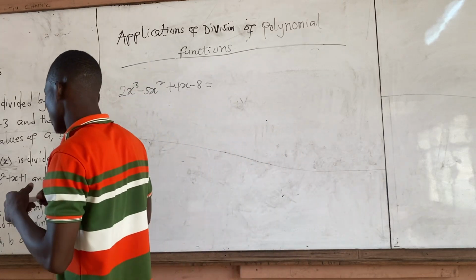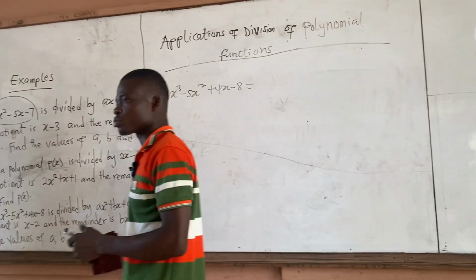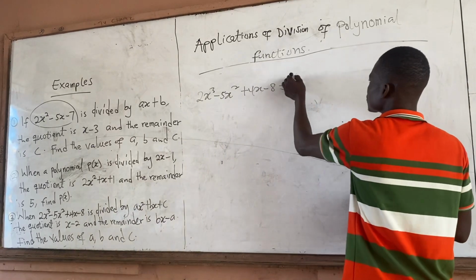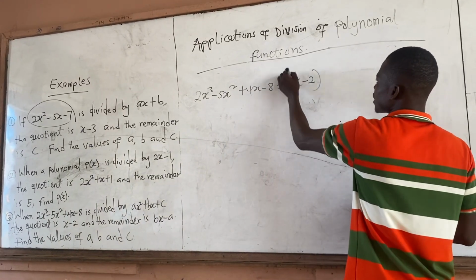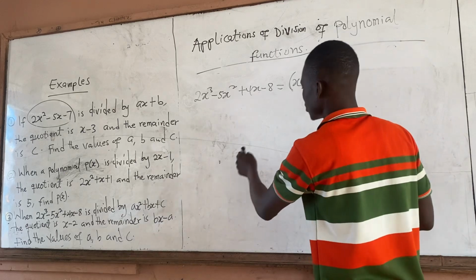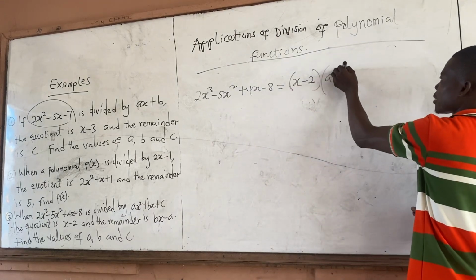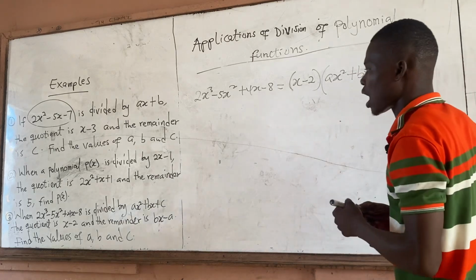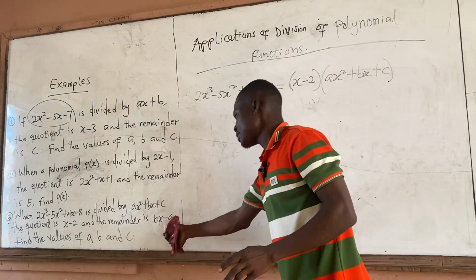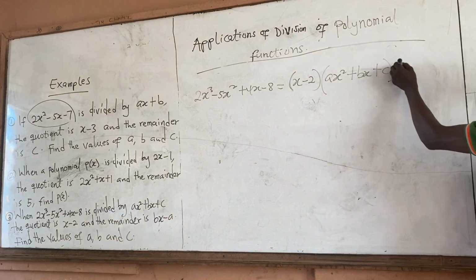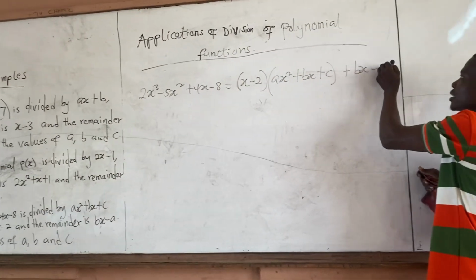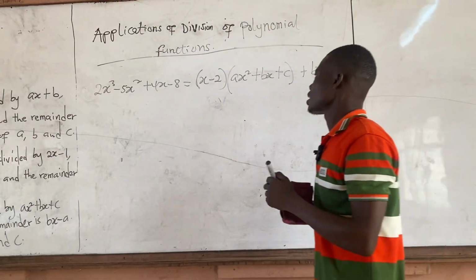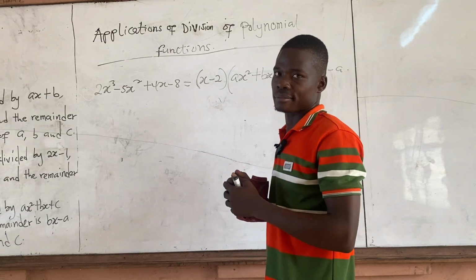When you read the question very well, the quotient is x minus 2. And our divisor is what? ax squared plus bx plus c. And our remainder is bx minus a.